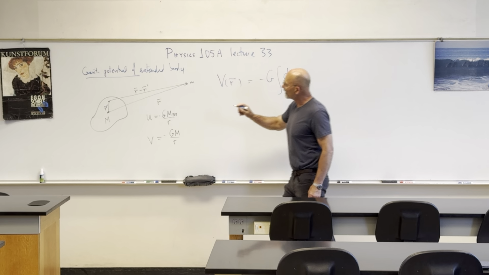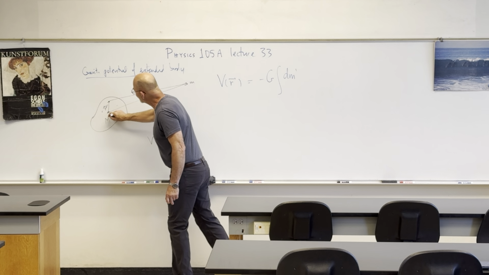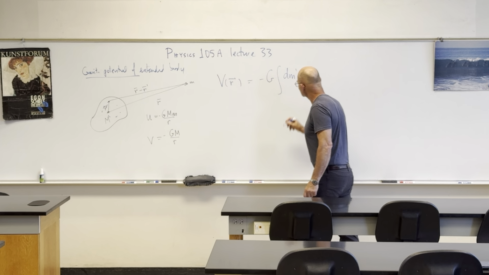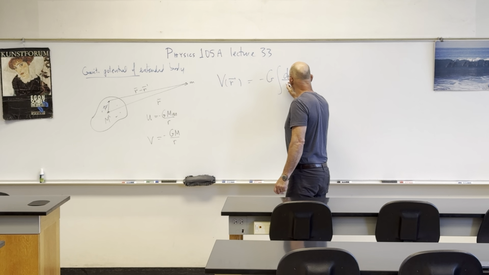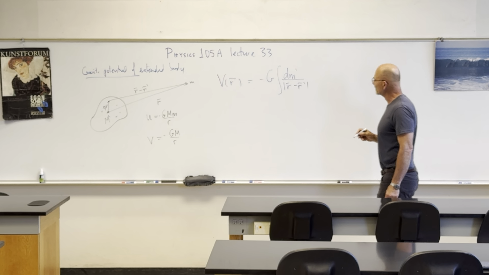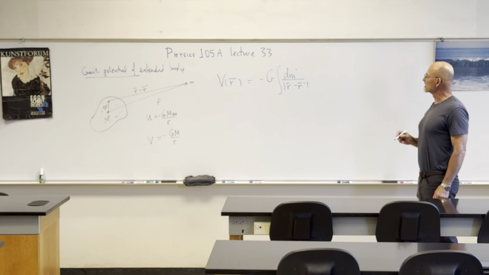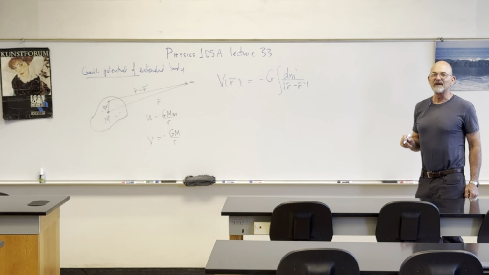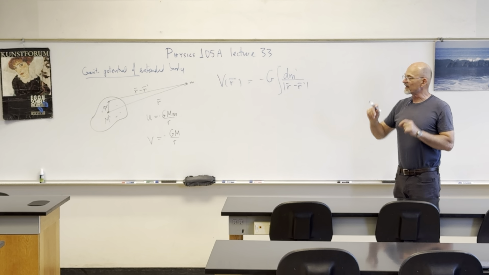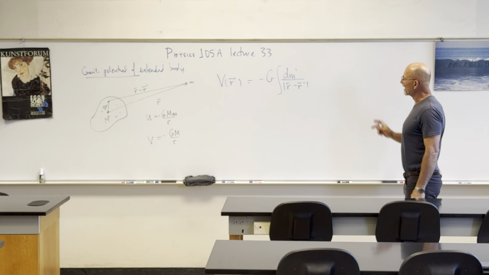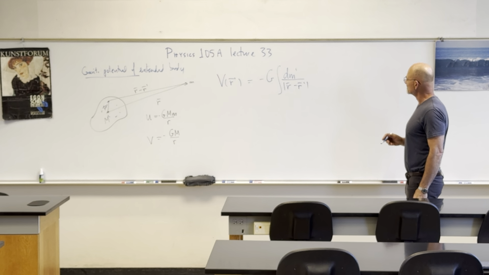So I'm just integrating over all the masses that comprise capital M over the distance, which is always the magnitude of R minus R prime. So that's the logical expression. And we already used this when we did the rod. Remember, we did the potential of the rod on the x-axis. But now this is for a three-dimensional body.